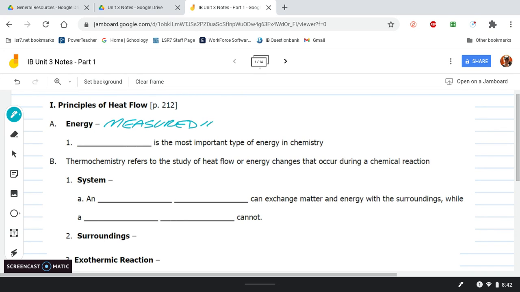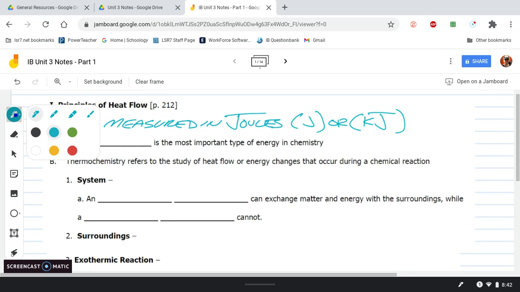If you see a J, or kJ, a kilojoule, then that's a big hint that we are dealing with something from this unit, right? So we're going to be dealing with something where the formulas from this unit make sense.